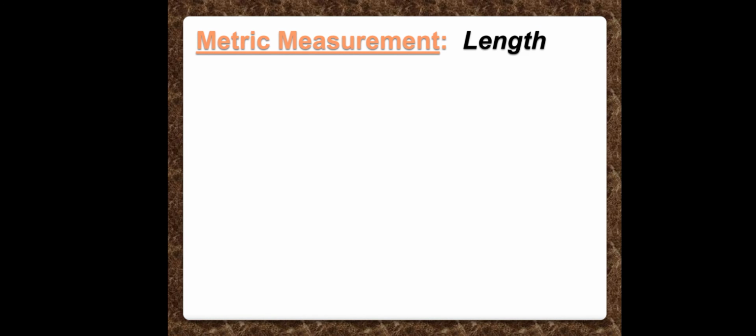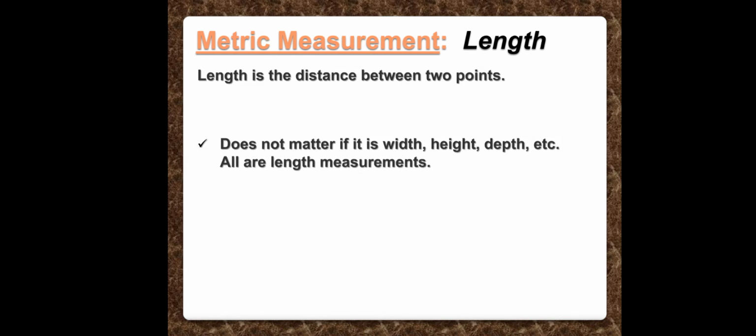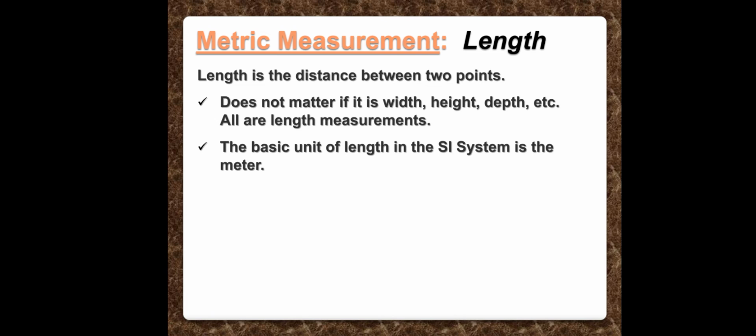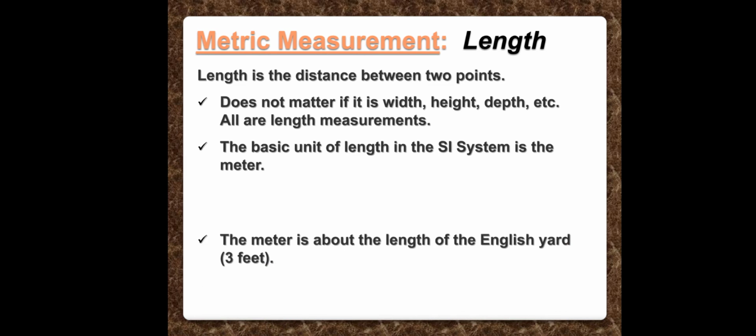Metric measurement. Length. Length is the distance between 2 points. It does not matter if it is width, height, depth, etc. All are length measurements. The basic unit of length in the SI system is the meter.